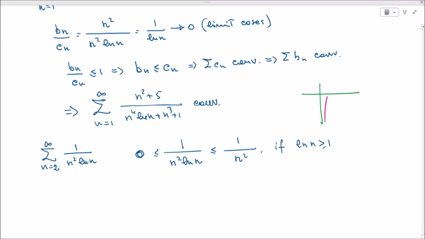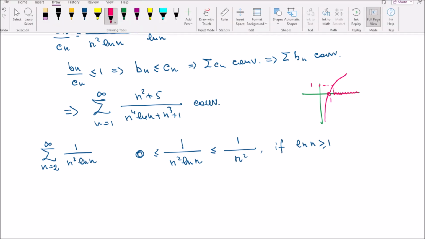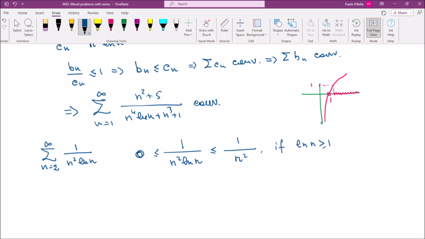This is the logarithm, right? So this is 1, and we want the logarithm to be larger than 1. So if we are in this part of the real line, and indeed this is what we are interested in, because we want to see what happens when n goes to infinity, as long as this is verified, we can definitely say that this inequality is true.